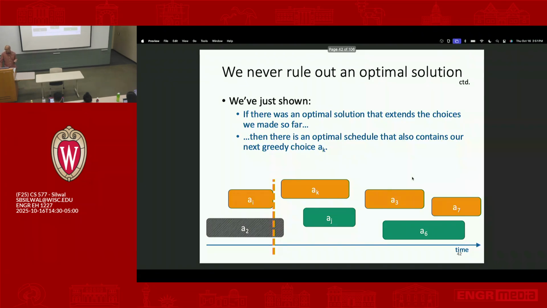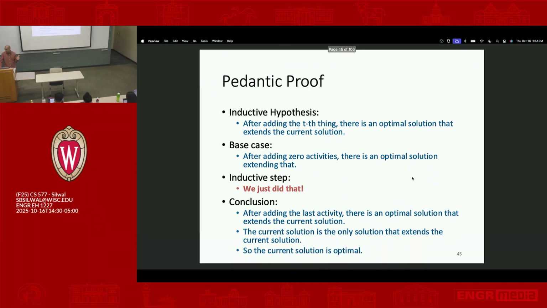I'm going to go forward a bit, and then I'm going to go back. But essentially, we prove this step of the induction. If you want to write this formally, what I'm going to do is show that at every step, I'm tracking some optimal solution. In the beginning it's empty, so that's a subset of some optimal schedule.